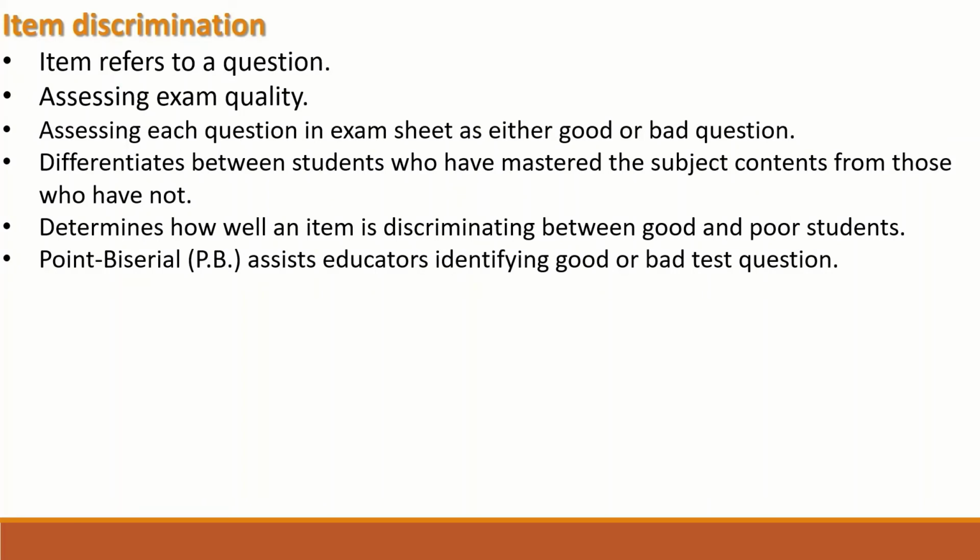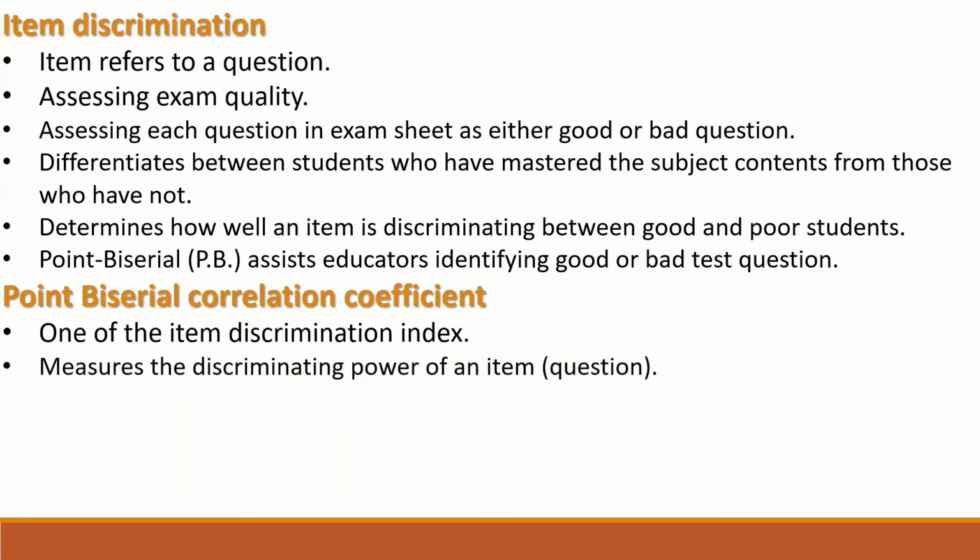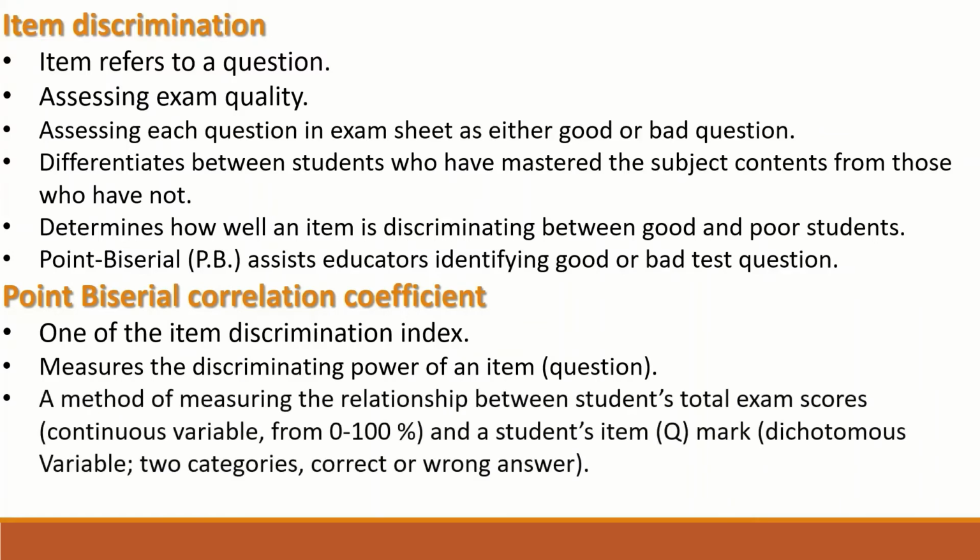Point-biserial correlation coefficient assists the educator or educators to identify good or bad test questions. So the coefficient is one of the item discrimination indexes. It does measure the discriminating power of an item or a question.